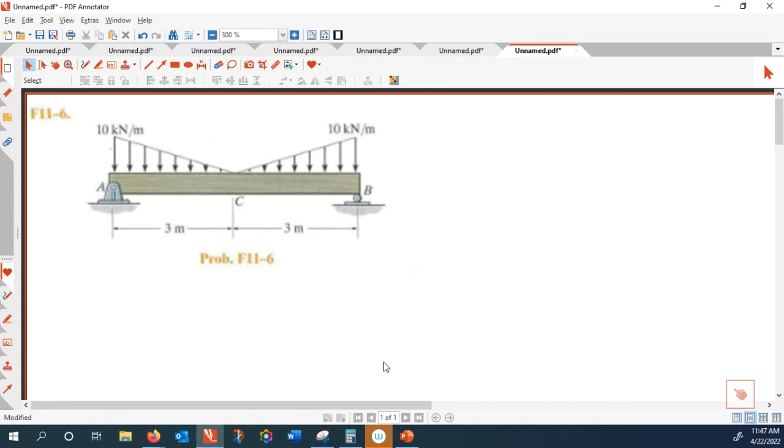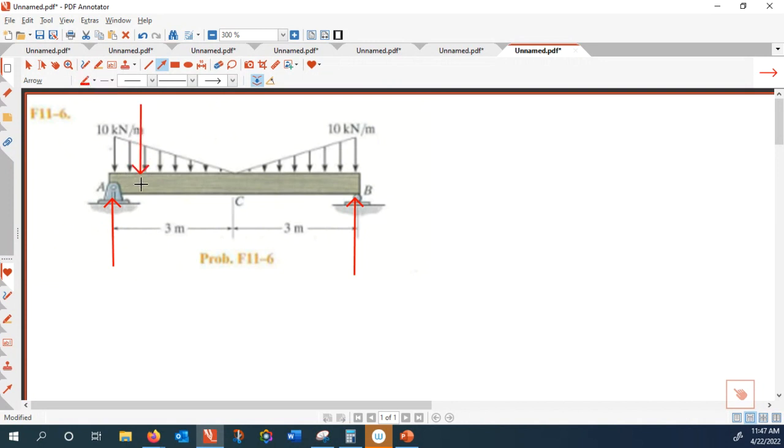Okay, so in terms of labeling, it is all labeled well, doesn't need any extra work. It's just we do need to have reactions calculated. So how do I go with the reaction? I have to replace the distributed load with the resultant, and these resultants are sitting where?